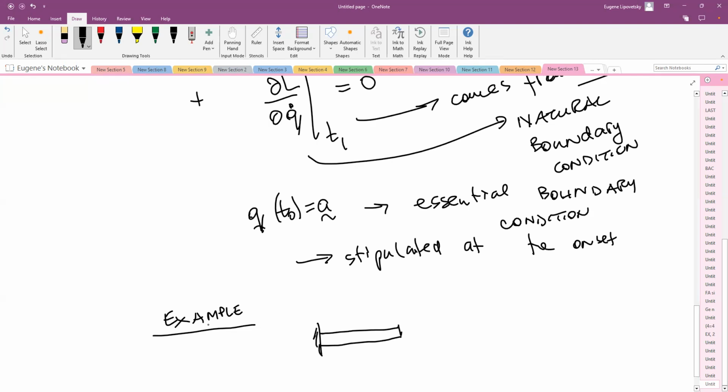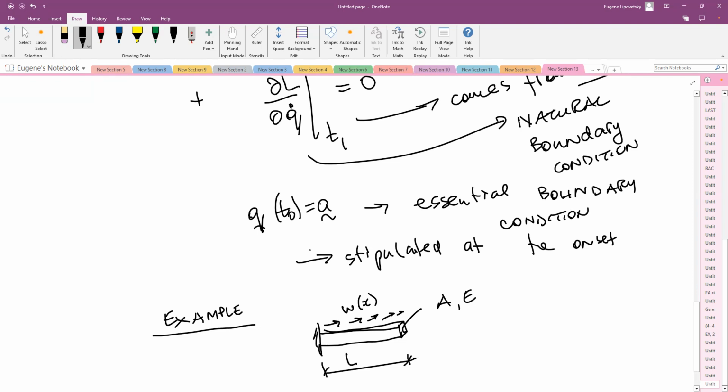Bar, its cross-section area A and E, Young's modulus, right? It is subject to distributed force. That's Q, not Q, sorry, W(x).